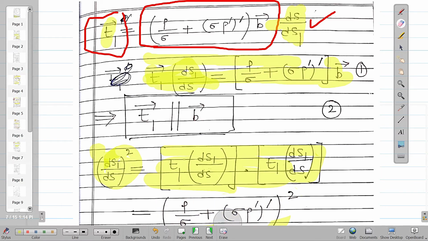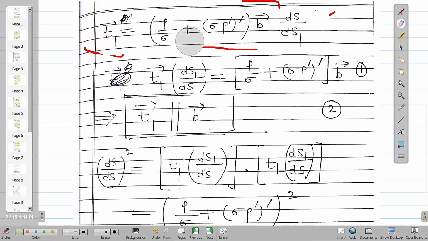Now before going to this term, that is just an idea I have given to you of how we can find the value of ds1 and ds.